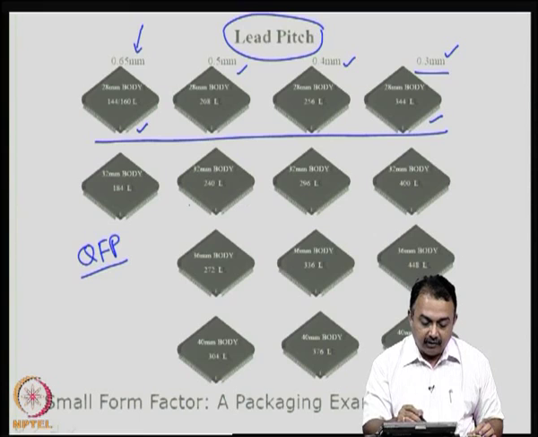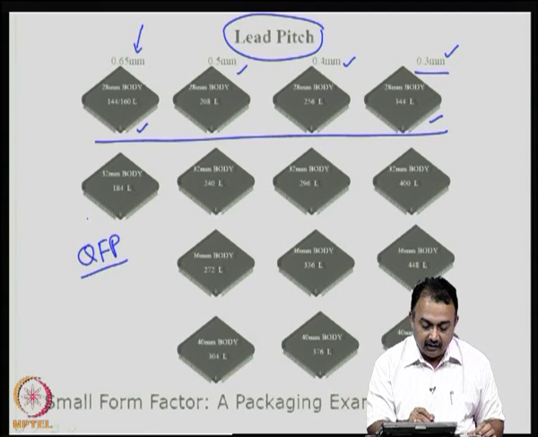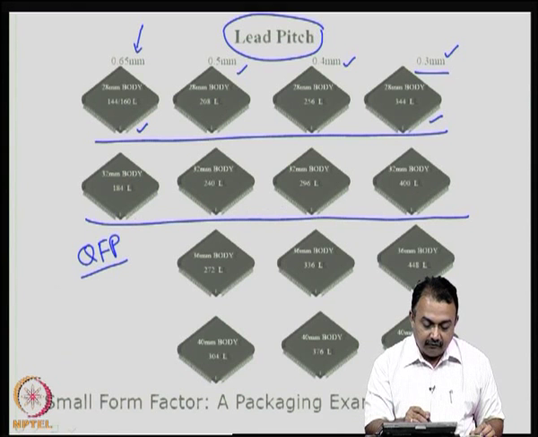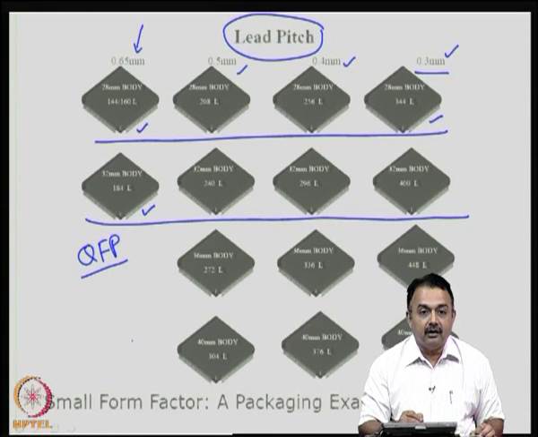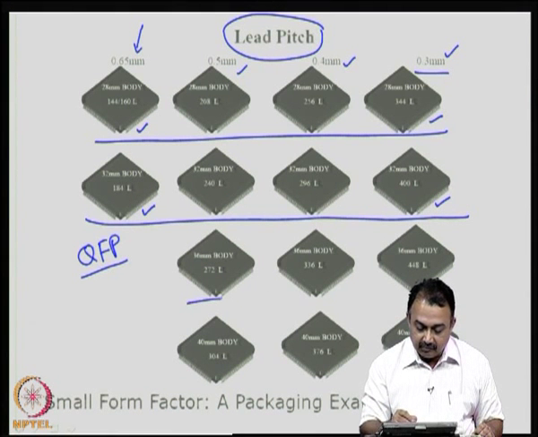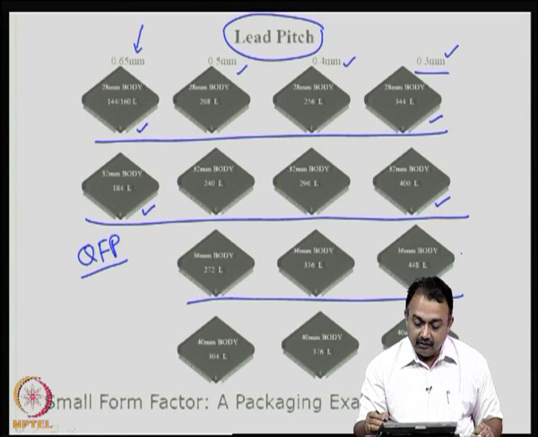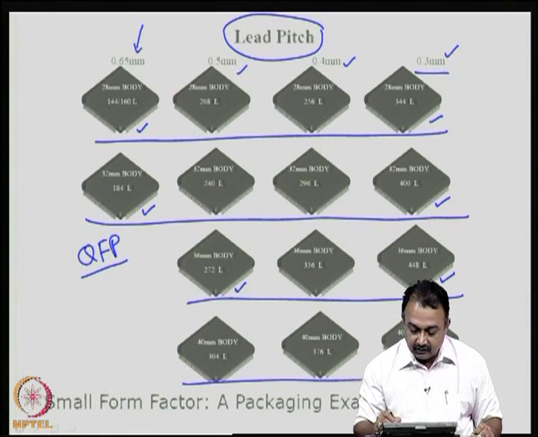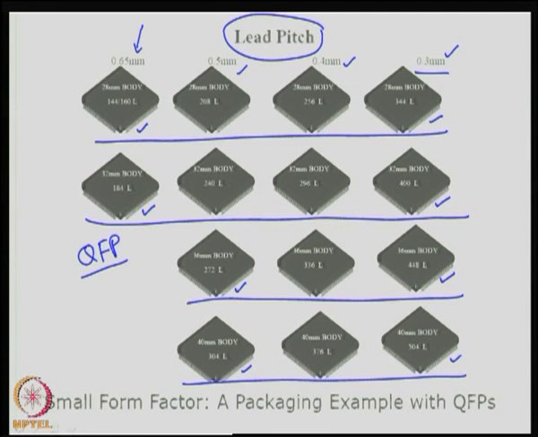Similarly, with the 0.65 mm and 32 mm body, and these are all 32 mm square bodies, we move from 184 leads to almost 400 pin count, and similarly with 36 mm in 0.5 to 36 mm in 0.3, we are moving from 272 to 448, and 40 mm package 0.5 to 0.3, 304 to 504.